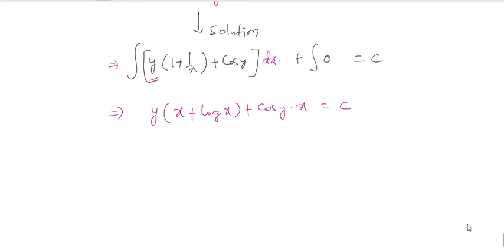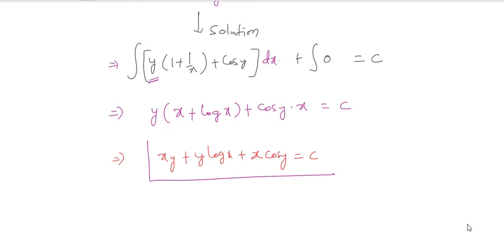Simply writing this again, you will have xy plus y log x plus x cos y is equivalent to c. So this is the solution for the corresponding exact differential equation.